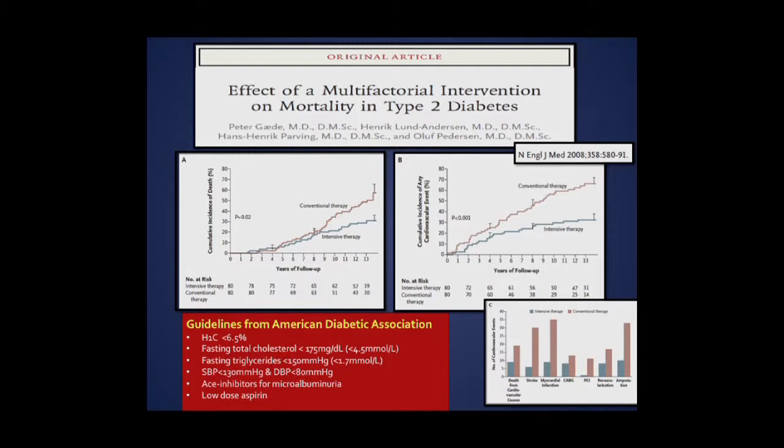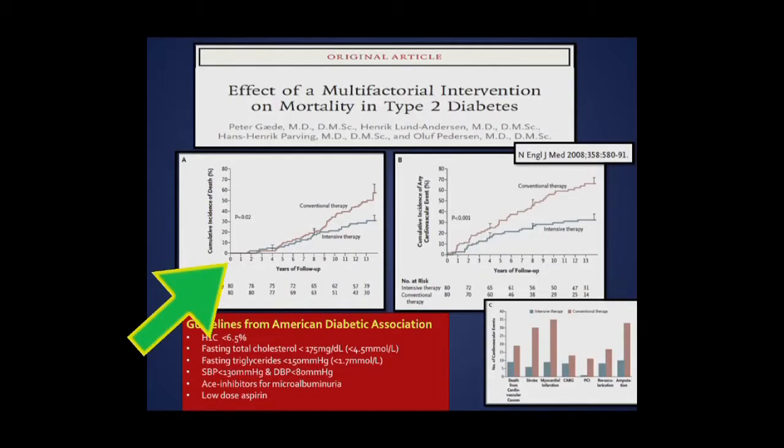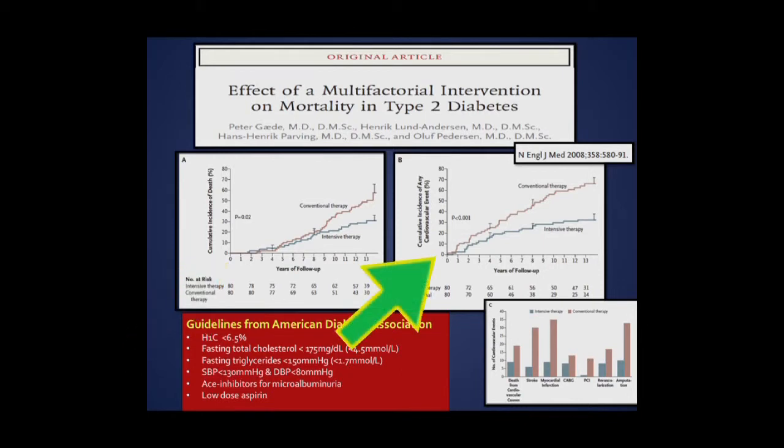In this case, they kept the hemoglobin A1C less than 6.5, the fasting total cholesterol less than 175, the triglyceride less than 150, control of blood pressure, ACE inhibitors for microalbuminuria, and then low-dose aspirin. This demonstrated a significant reduction in the endpoints of death or cardiovascular events altogether. Some of them included revascularization for lower limb ischemia and amputation.